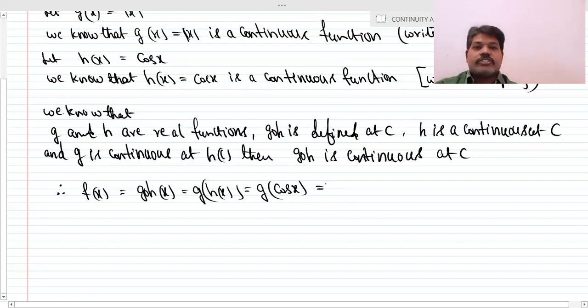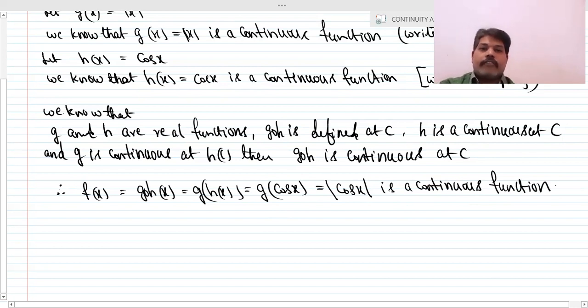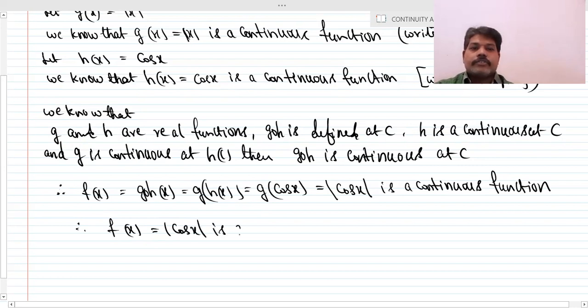And g of x is mod x. So automatically it becomes mod cos x, which is a continuous function. Therefore f of x is equal to mod cos x is a continuous function.